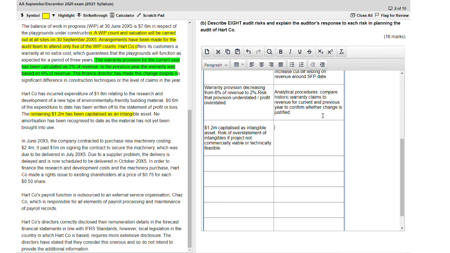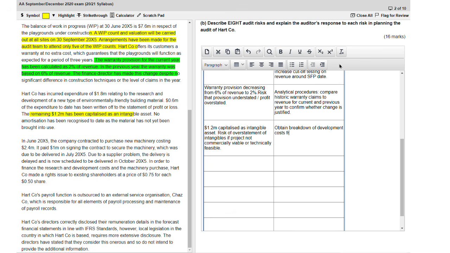So at the moment, there's 1.2 million sitting on development costs. You need to get a breakdown, don't you? So you need to get a breakdown from them. Go down the invoices and say, is that a development cost? Is that a development cost? Is that a development cost? Talking probably to relevant staff as well. So definitely anything that needs breaking down, obtain a breakdown of development costs.